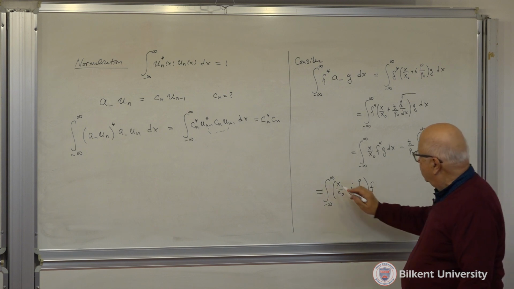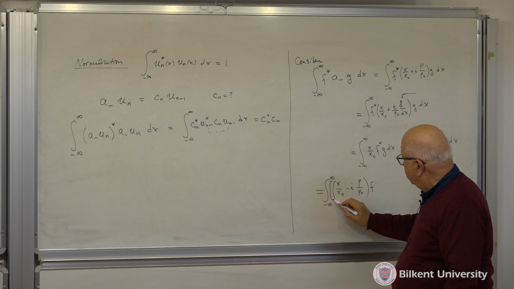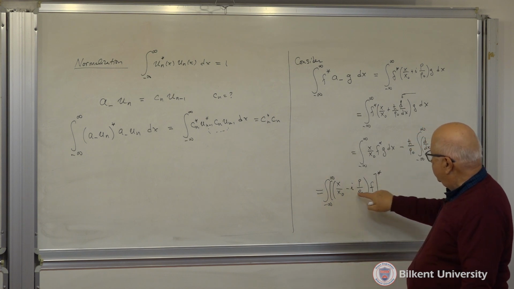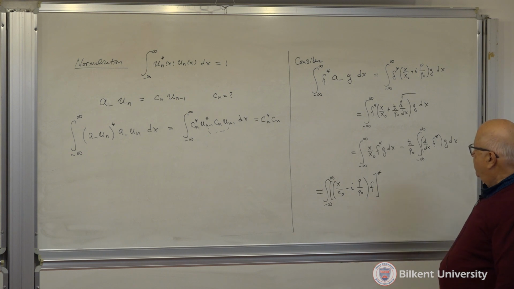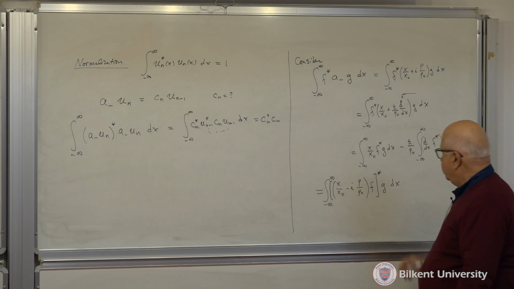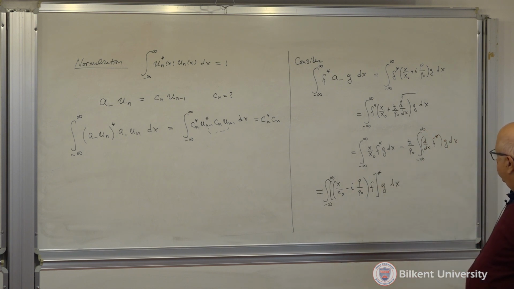But what I'm going to do is take the complex conjugate of all of this so that I have f star and the plus i, multiplied by g dx. Please check my algebra. Is this correct?